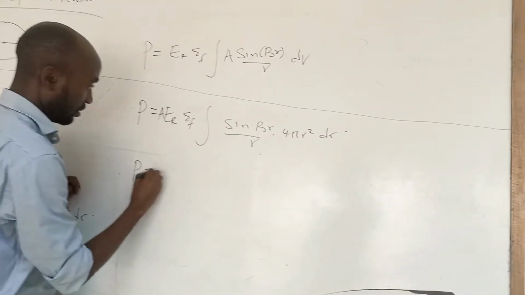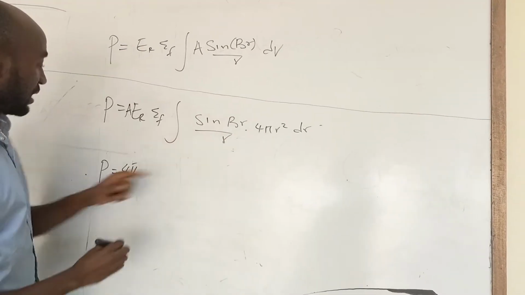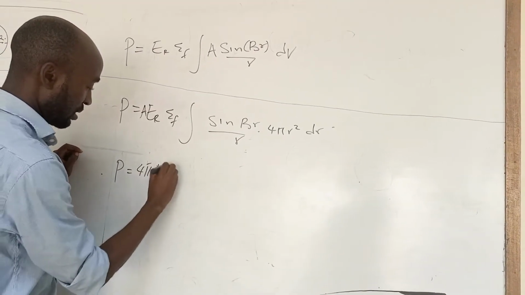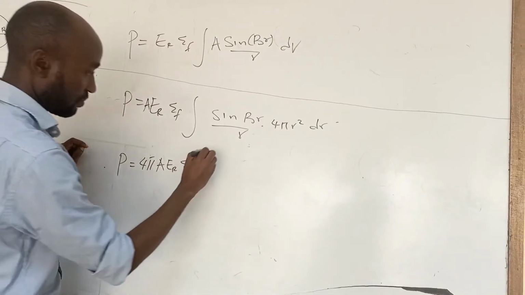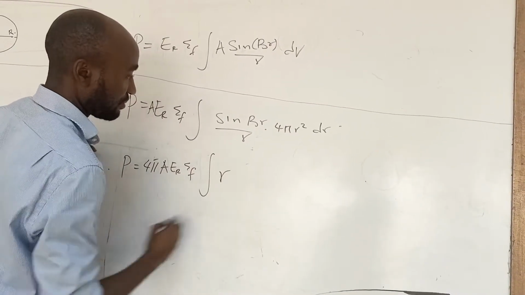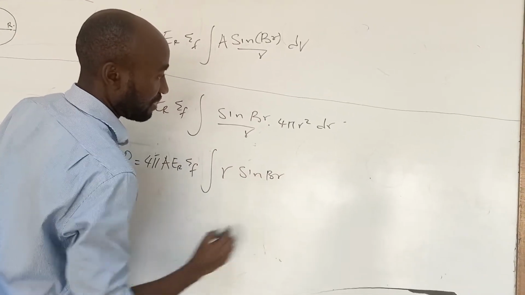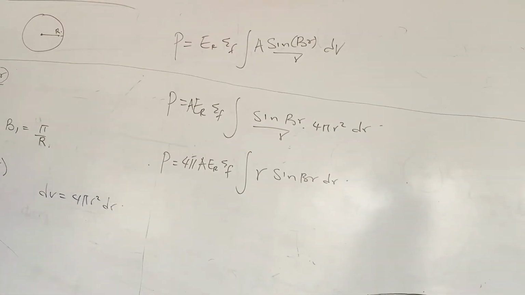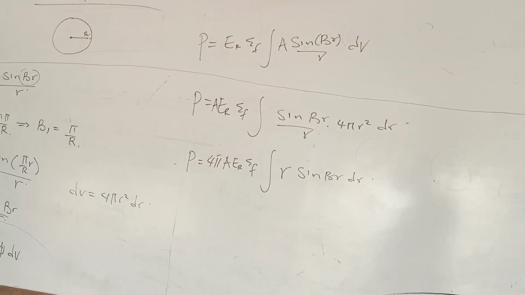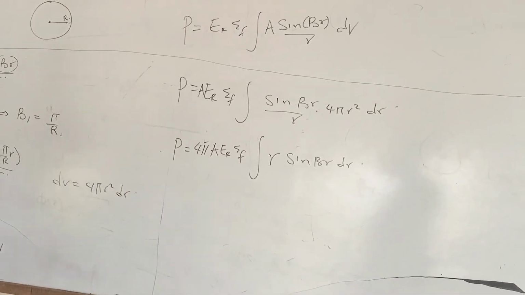P is equal to 4 pi A ER EF integral of r sine Br dr. Right? Yes.